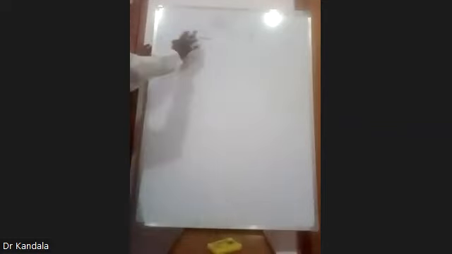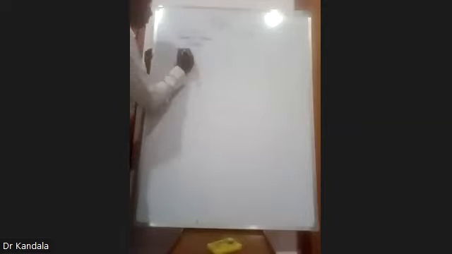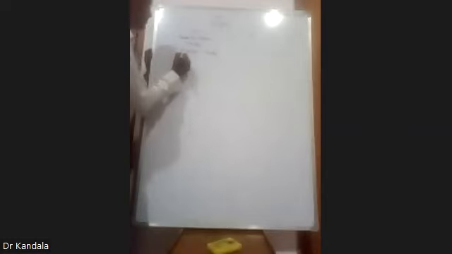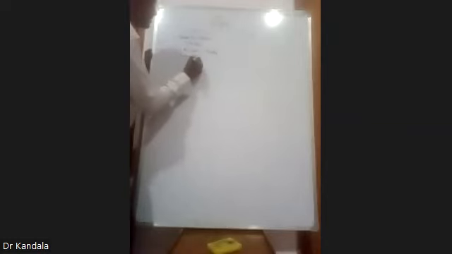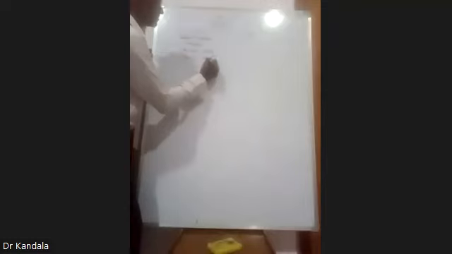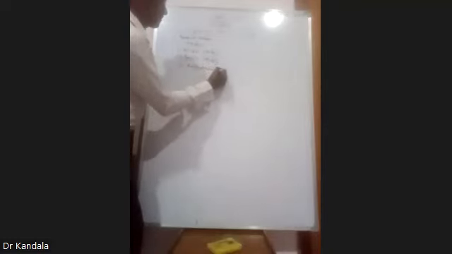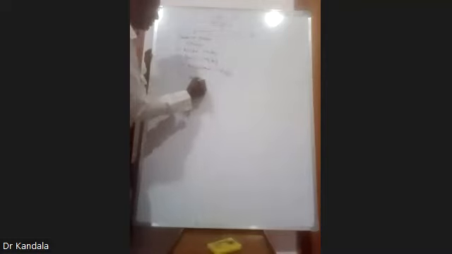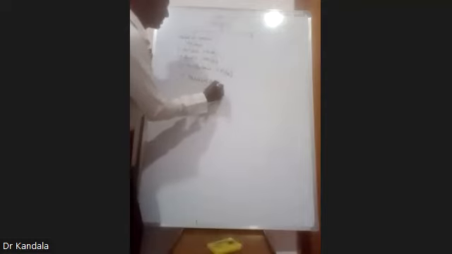Therefore, based on nature, oxides are classified into the following categories: number 1, acidic oxides, number 2, basic oxides, number 3, amphoteric oxides, number 4, neutral oxides.